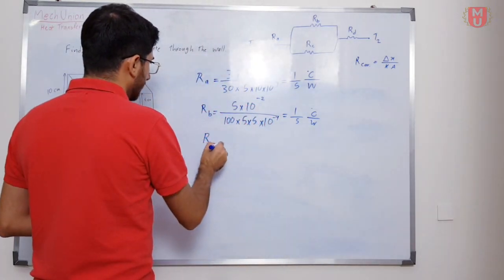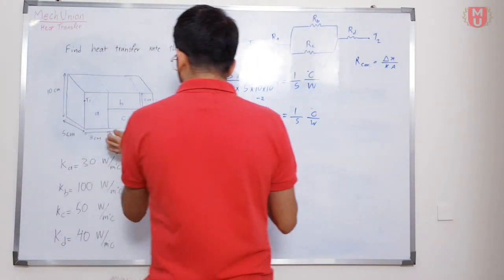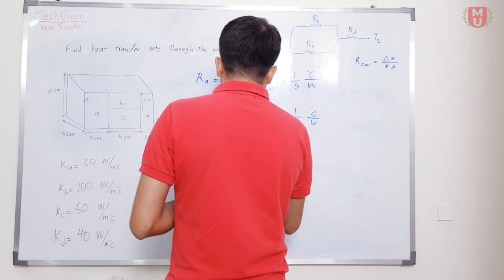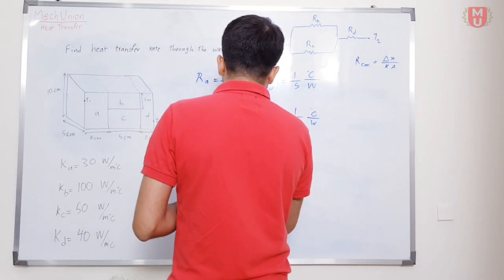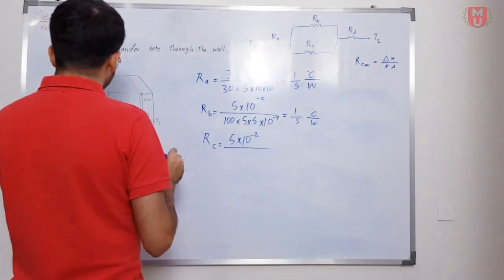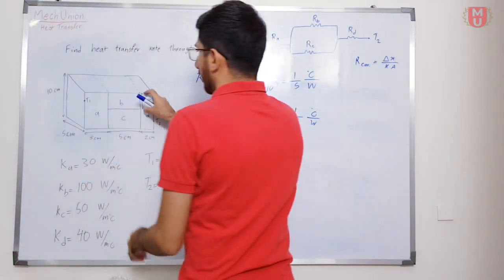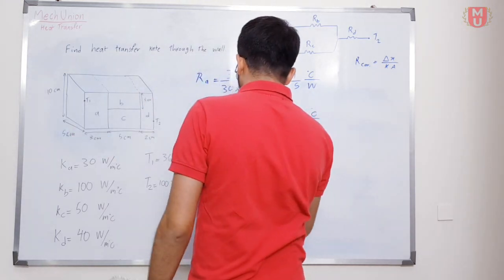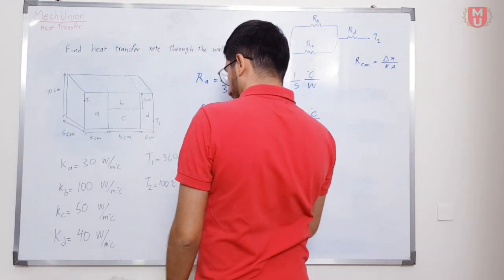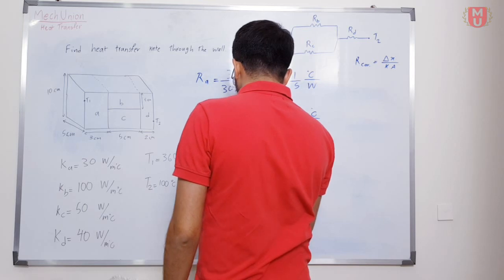R of C equals, again, 5 times 10 to the minus 2 over 5 times 5 times 10 to the minus 4, and k is also 50.